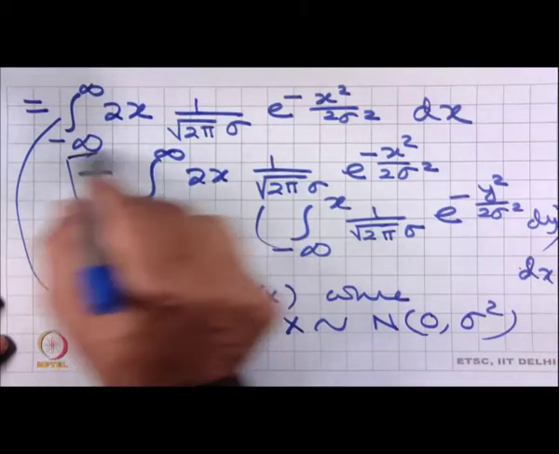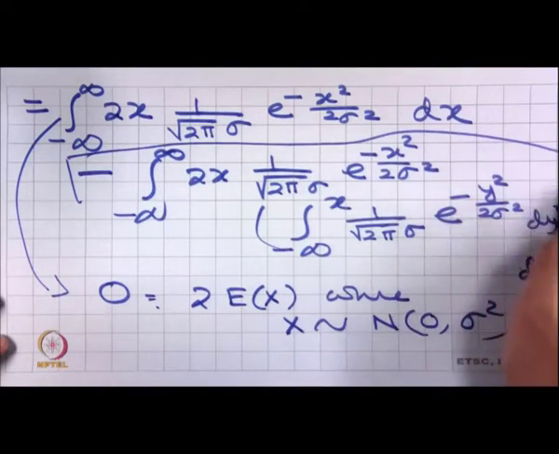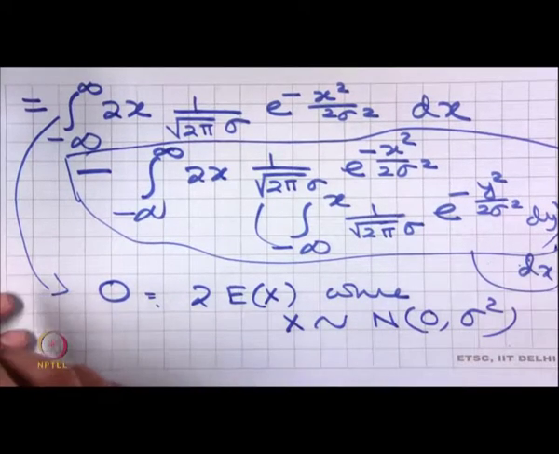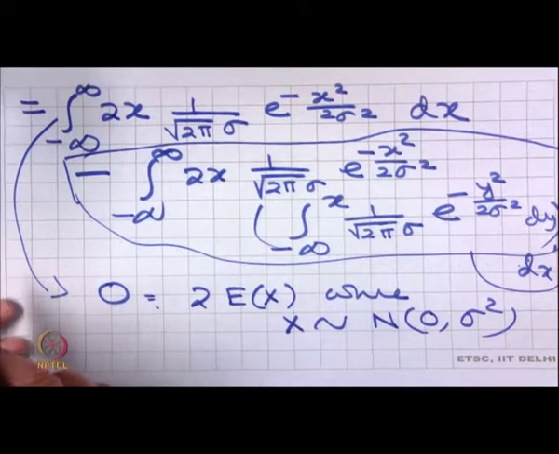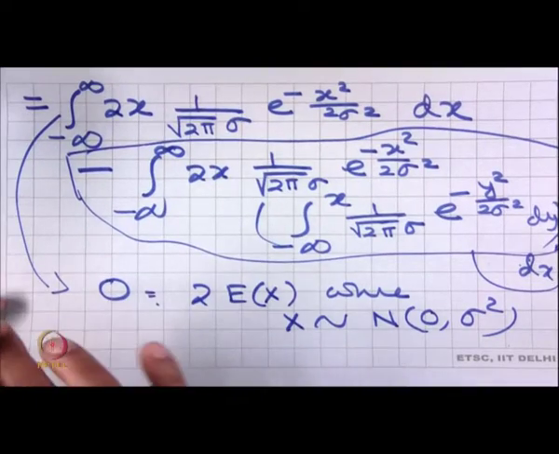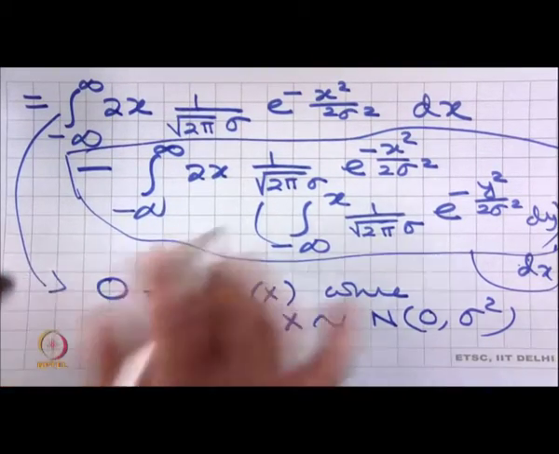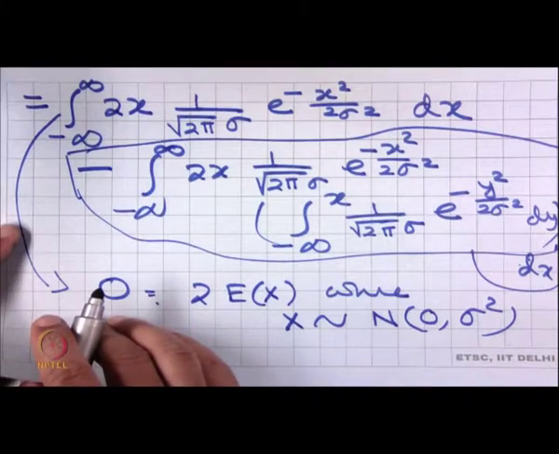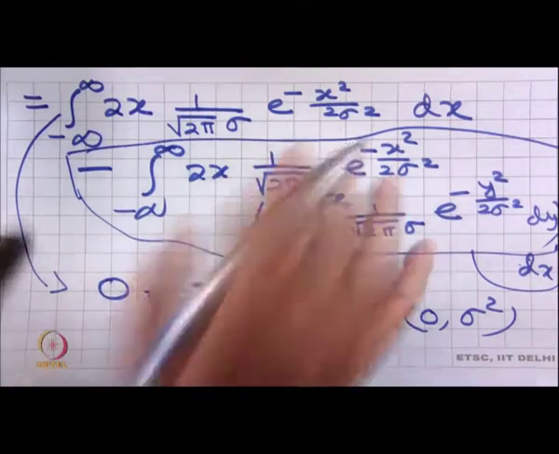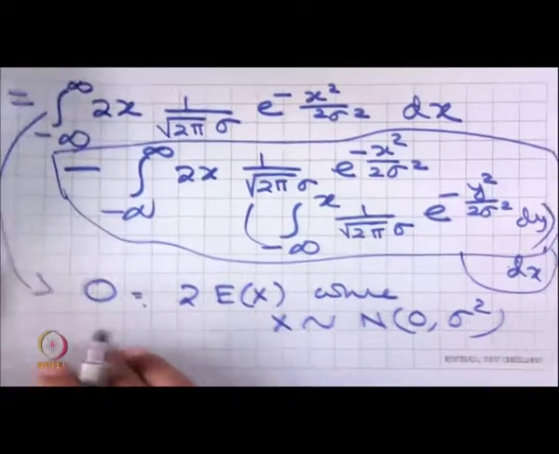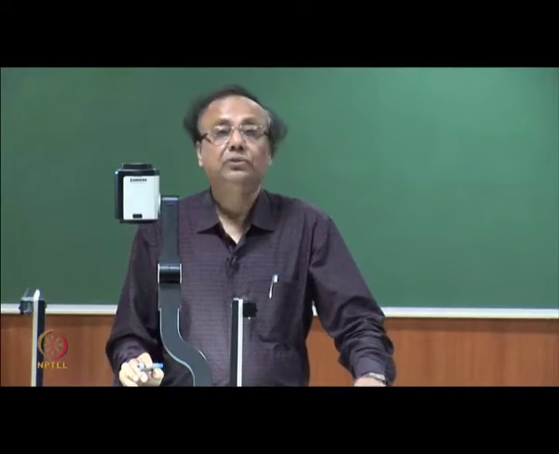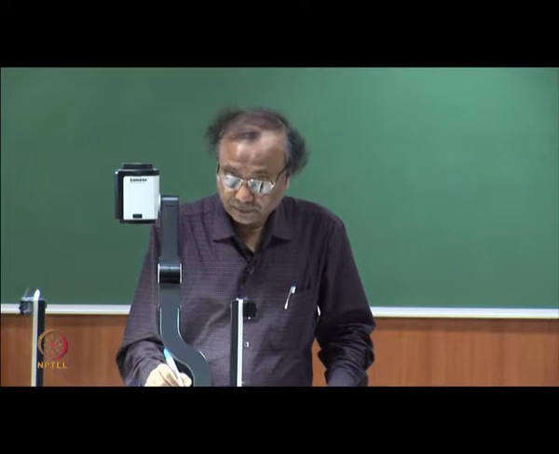Therefore, whole concentration goes now to this term, and that is complicated. I urge you to work upon this one and see if your mathematics is strong enough to handle this thing, but what I will show you today is a shortcut or a tricky way to solve the same problem.